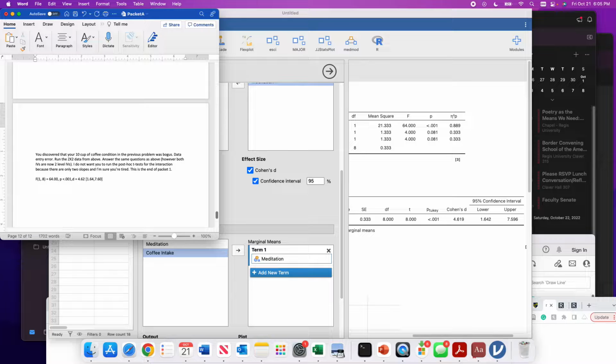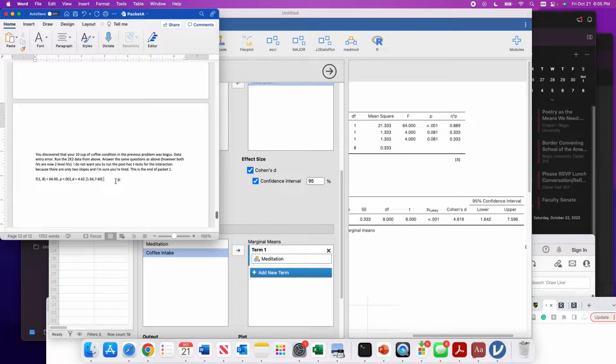D equals, okay. And all my questions: it's significant, right? Meditation improves happiness. That's my headline. The population effect size is a large one. It's between large and large. 1.64 is large. 7.60 is large. That's all we really need to say for that one.